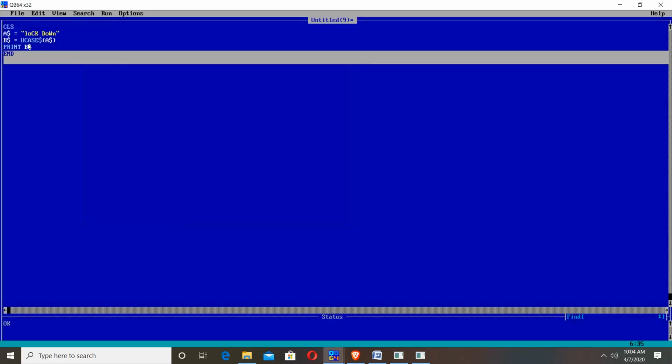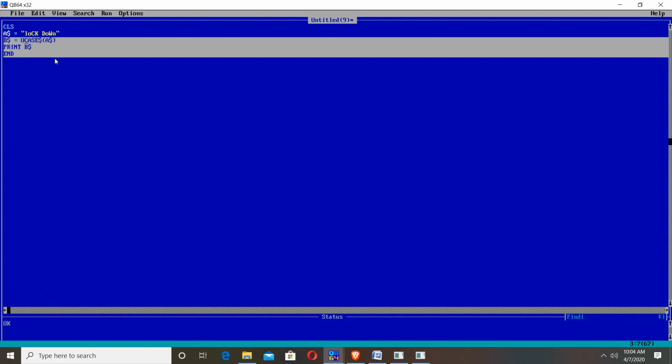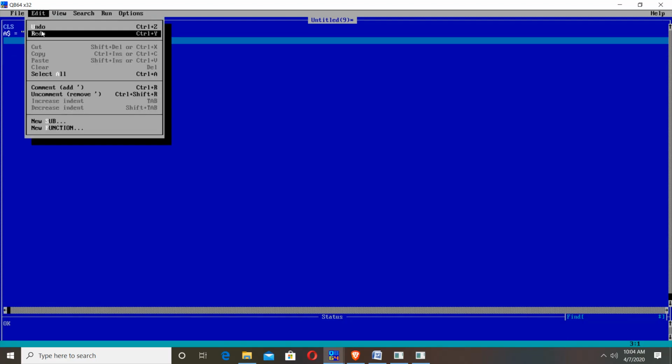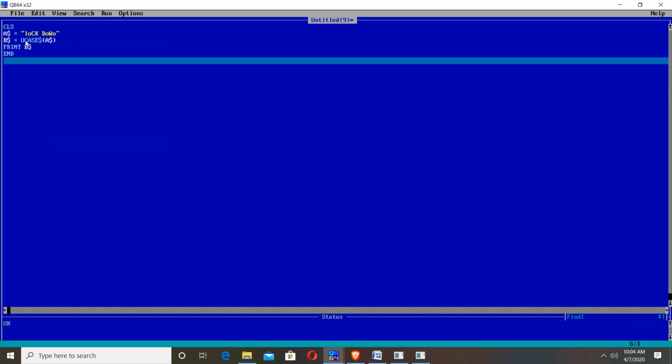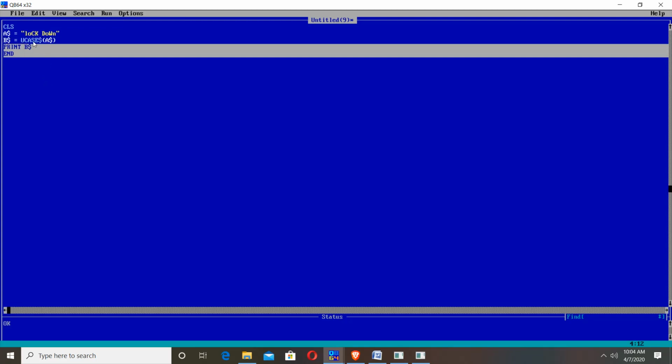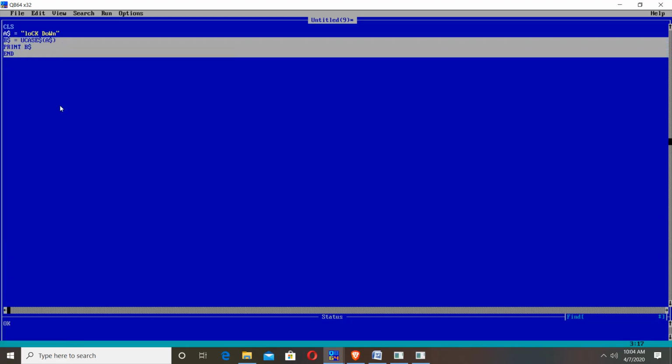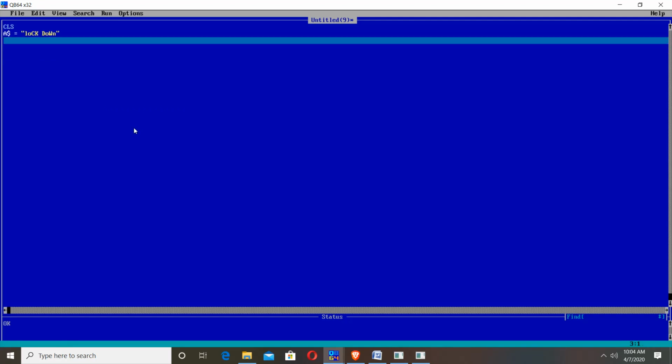Now similarly there is another function, that function is LCase$.